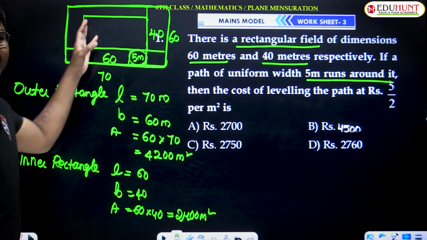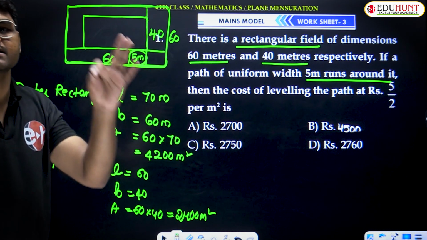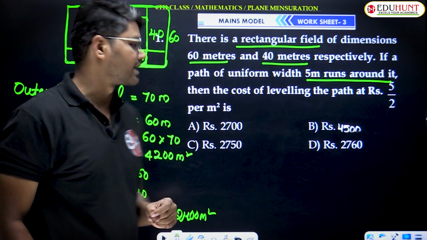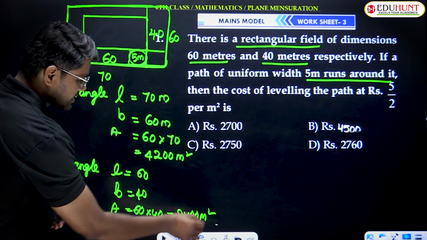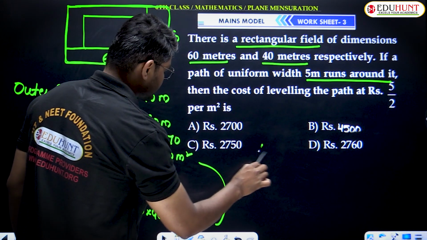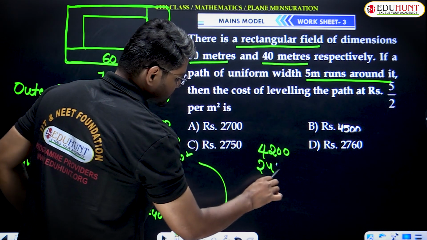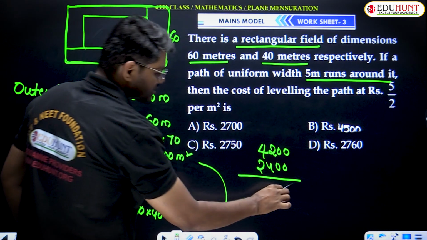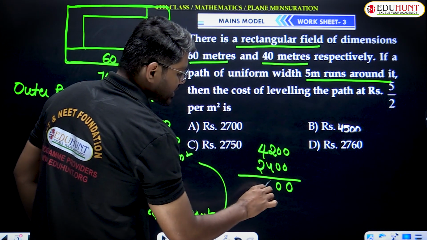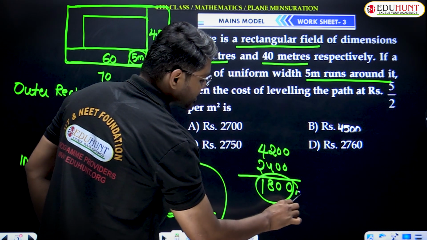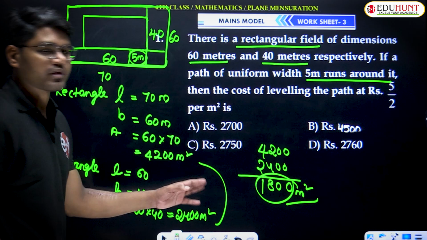Now, we have to find the area of the path. Area of the path means area of outer rectangle minus area of inner rectangle. So, here subtract these two values. That means 4200 minus 2400. Subtract it. 0, 0, 12 minus 4, 8, 3 minus 2, 1. 1800 meters square is the area of the path.